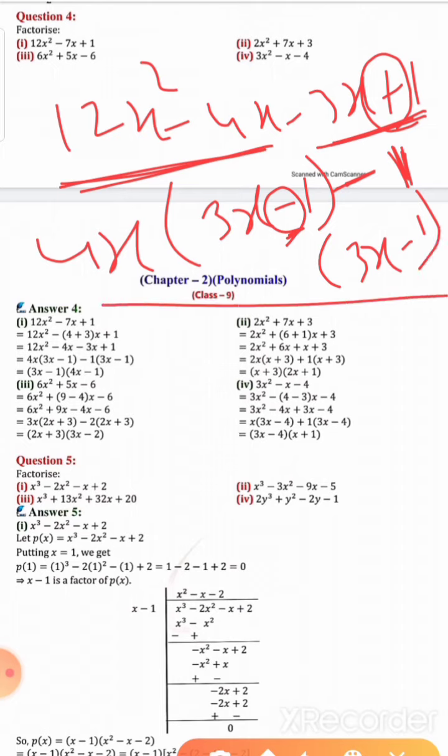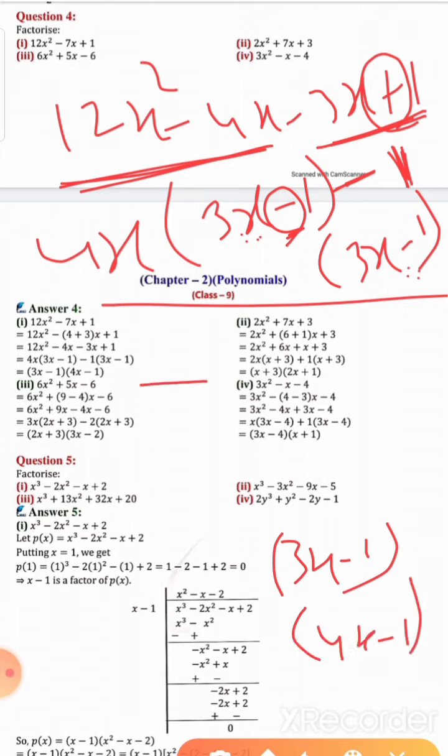Here in the whole expression we get two brackets, and 3x minus 1 is common in both terms. We take it common, then the rest bracket is 4x minus 1. So the factors of our quadratic polynomial are 3x minus 1 into 4x minus 1.